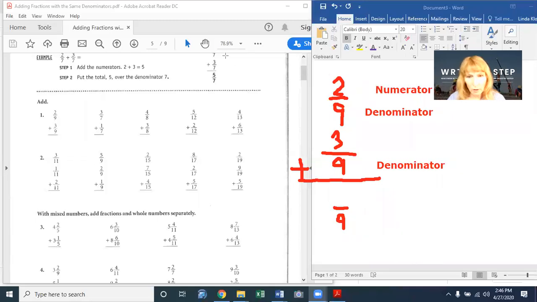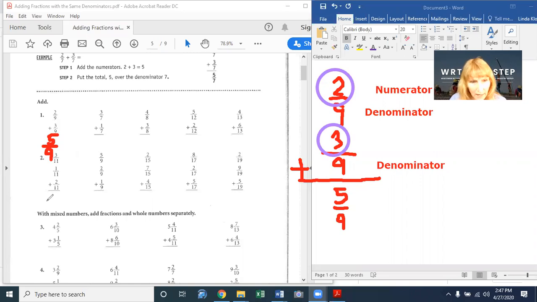You're going to take your 2 and your 3 and add them together. So 2 plus 3 equals exactly 5, right? So this answer is 5/9. 5/9 is the answer to number 1.